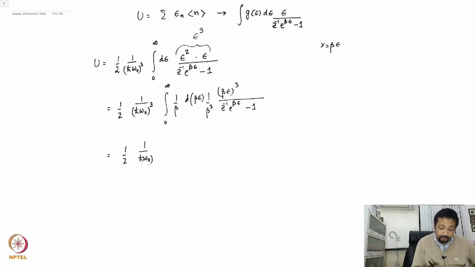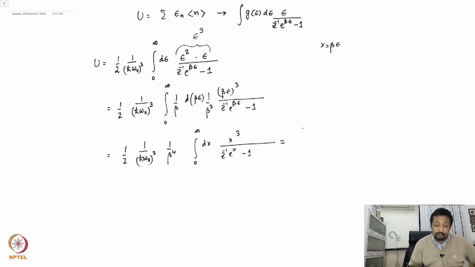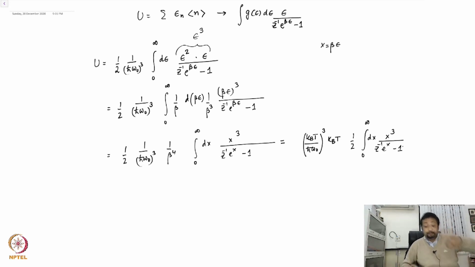So I have 1 over h bar omega naught whole cube, 1 over beta to the power 4, integral 0 to infinity dx x cube over z inverse e to the power x minus 1, which we rewrite as kBT over h bar omega naught whole cube times another factor of kBT, and then I am left with half integral 0 to infinity dx x cube over z inverse e to the power x minus 1.